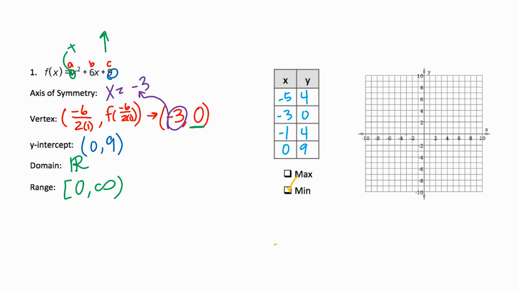So negative 3, 0; 0, 9; negative 5, 4; and negative 1, 4. Plot your points, draw your curve, at your vertex make the turn, and put your arrows. That is the first example.